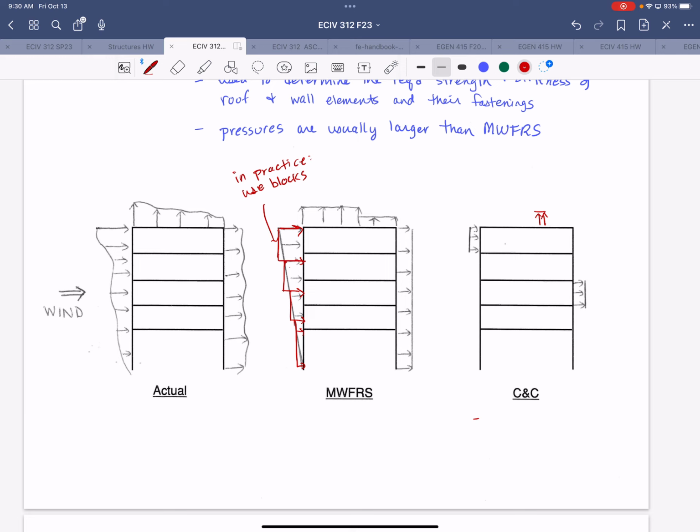So I'll just add a few notes here. This is simplified and local. This is simplified and global, for the overall structure. And the actual wind has instantaneous pressures.